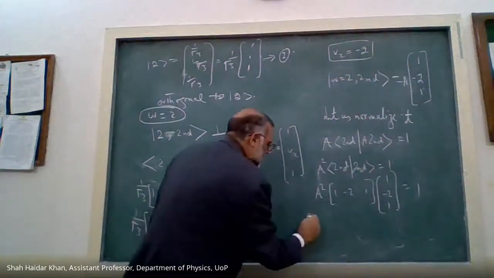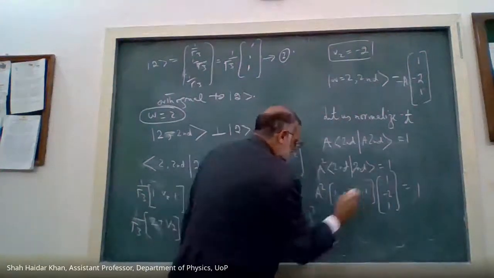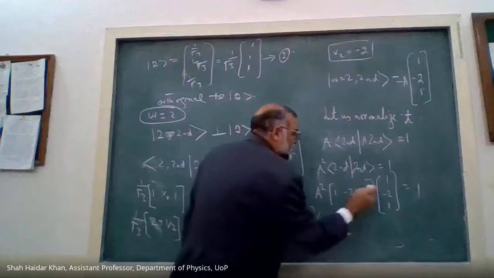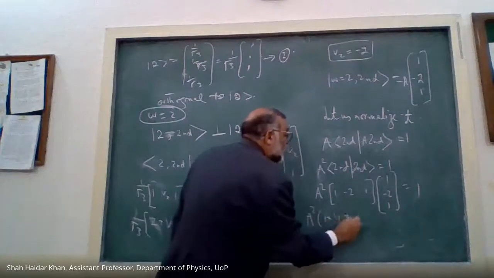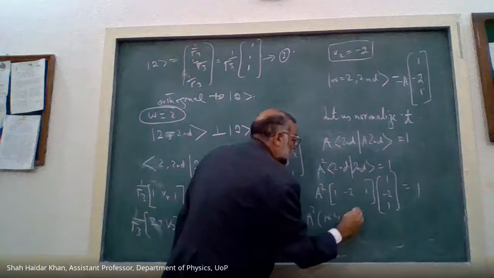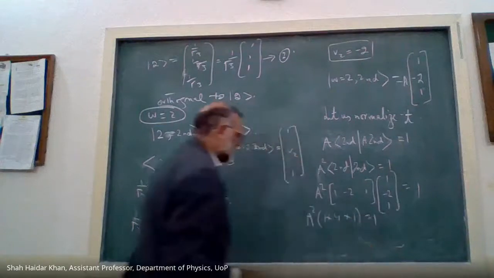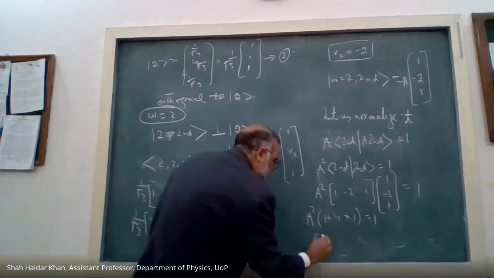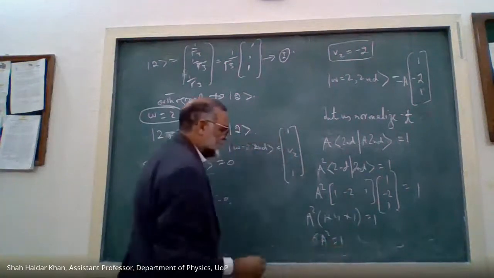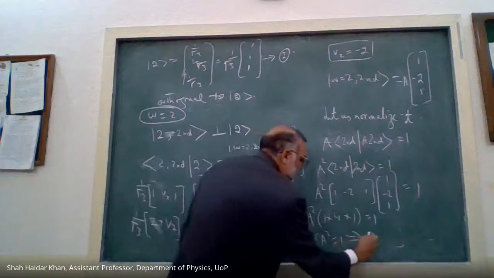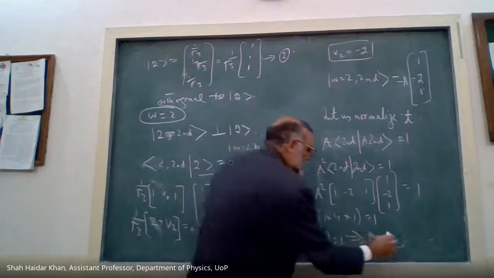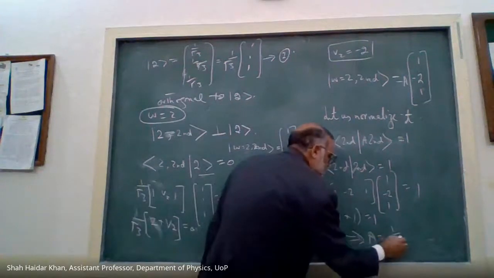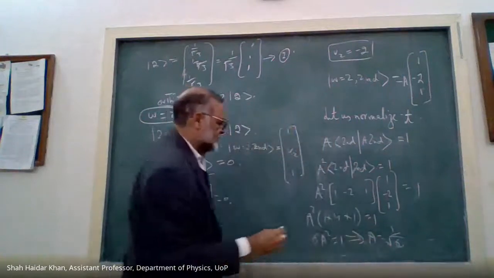Now it's here, right? And 1 times 1, minus 2 times minus 2 is plus 4, 1 times 1, 1 plus 1 is equal to 1, right? And that will be equal to 6 A squared is equal to 1. This implies that A is equal to 1 over square root 6.